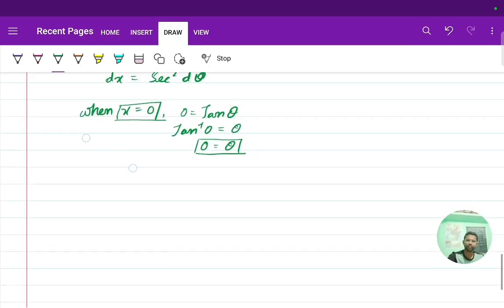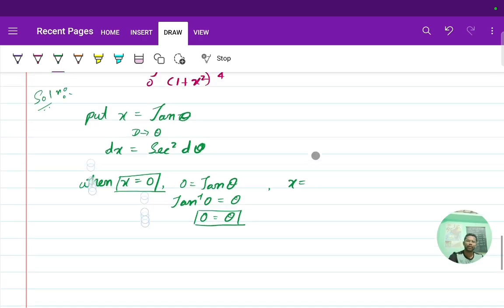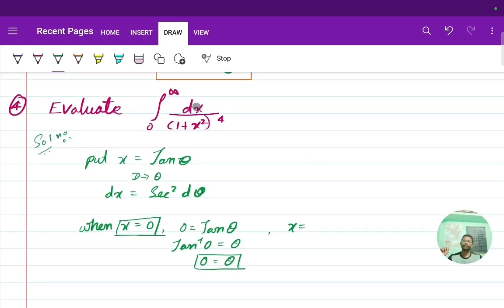Then I will take x is equal to infinity, then infinity is equal to tan theta. Tan inverse infinity is equal to theta. What is tan inverse infinity? It is pi by 2, which is equal to theta.